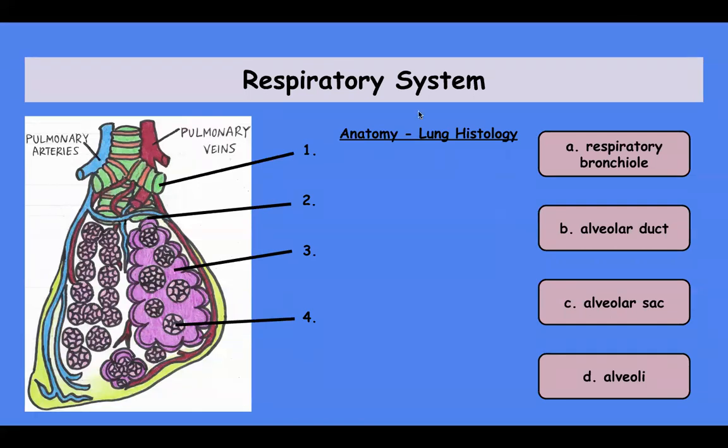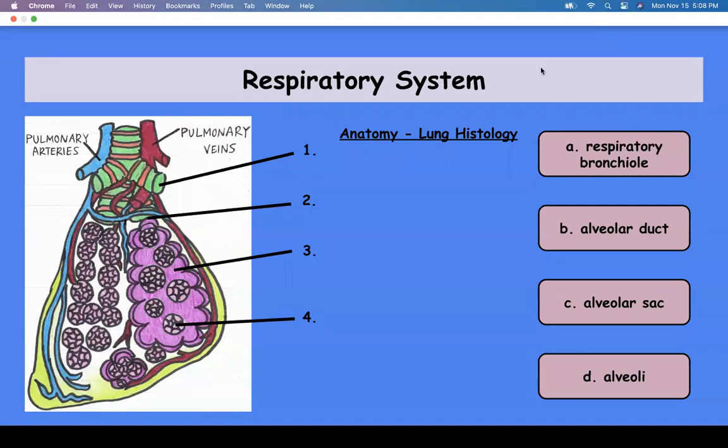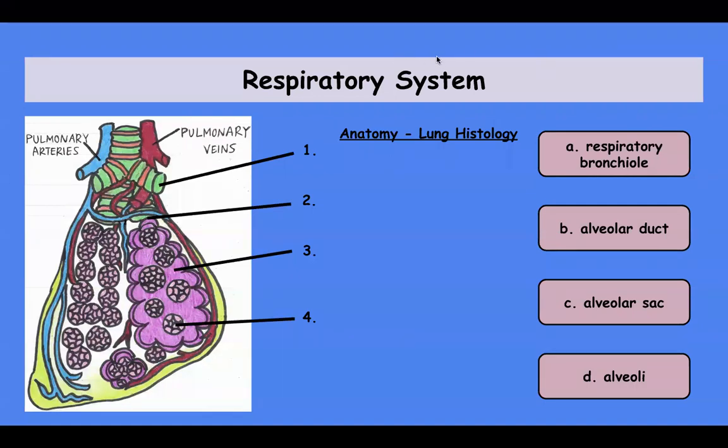Okay, and as you guys continue to put answers in the chat, I'm going to annotate what I see in the chat. So some comments in the chat are saying that number 1, the structure that's labeled number 1, is representing the respiratory bronchiole.